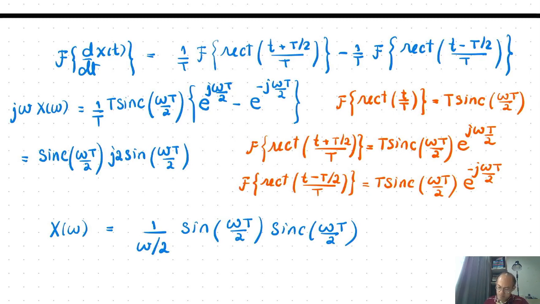Okay, and then I recognize that this is omega over 2, and this is also omega over 2. So I should multiply by T to get omega T over 2, right? So I'm going to multiply by T here, and I'm going to multiply the denominator also by T.